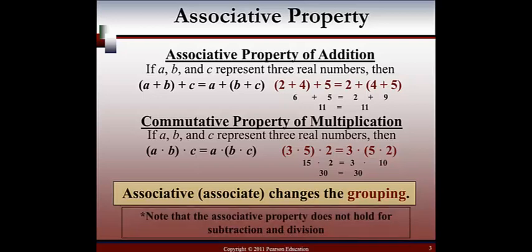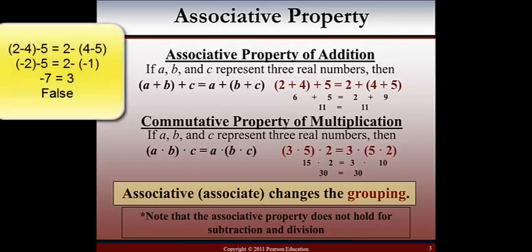Again, note that the associative property does not hold for subtraction and division. If we did, like up in the first example, 2 minus 4 and then minus 5, and we're going to say that equals 2 minus, and then in parentheses, 4 minus 5. If we do the left side first, we do the parentheses, that'll give us negative 2 minus 5, which will give us negative 7.